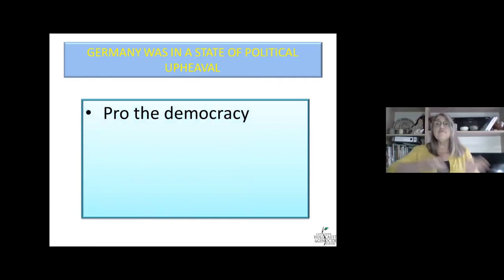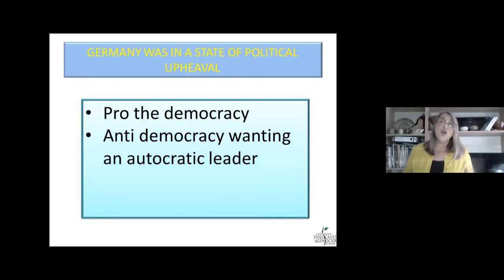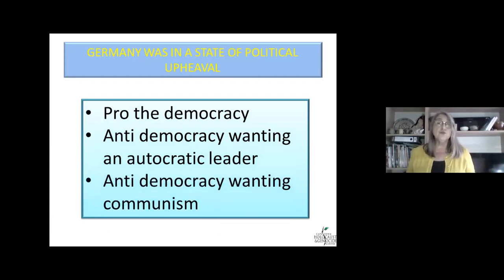You had a lot of parties that were pro the democracy, they wanted the democracy. But then you had a whole bunch of parties that were anti the democracy. They wanted a single leader, one autocratic leader who would tell them what to do. And then you had a whole lot of anti-democracy parties, but they wanted a communist system.